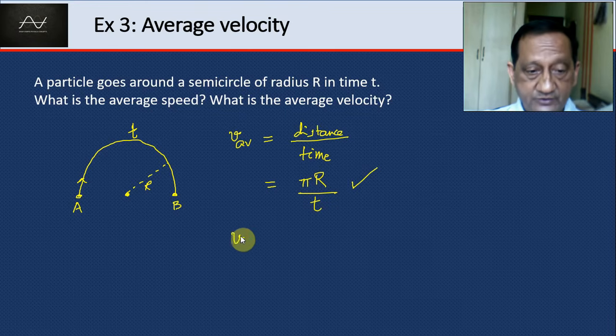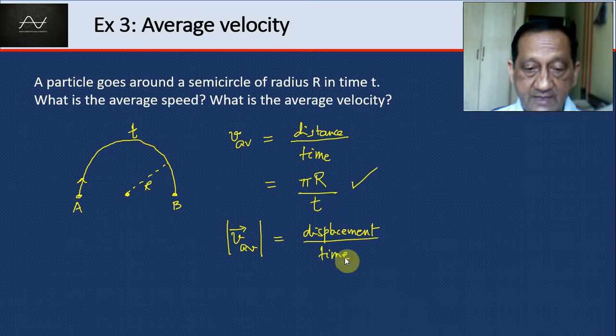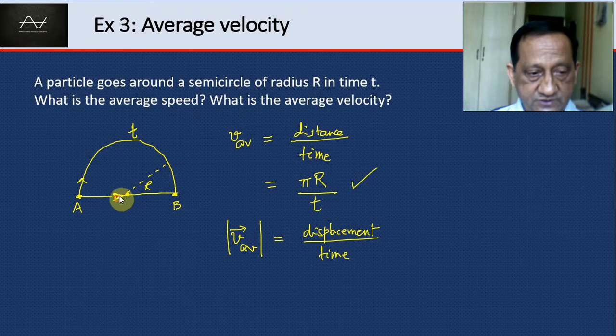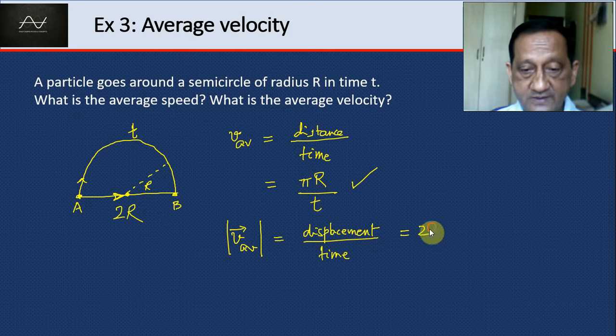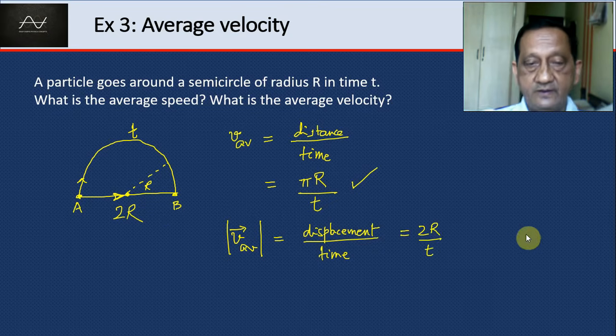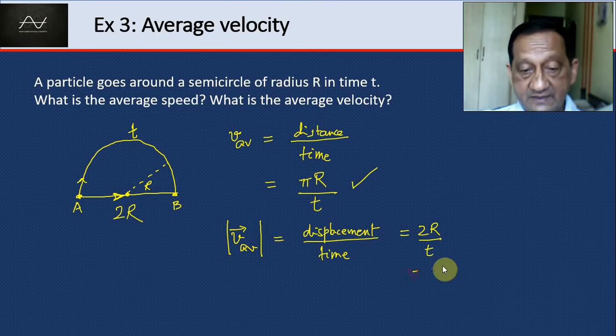What is the magnitude of the average velocity? That is the total displacement, not distance, divided by the time taken to do so. And the displacement is initial point joined to the final point, and the magnitude of this displacement vector is the diameter. So it is 2r by t. Right? That is the average velocity magnitude, and this is the average speed magnitude.